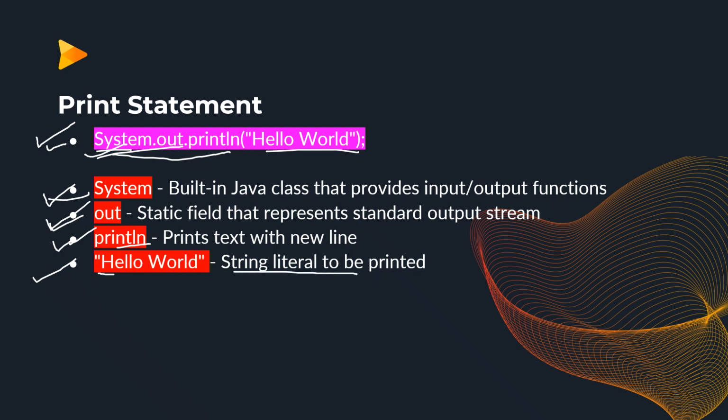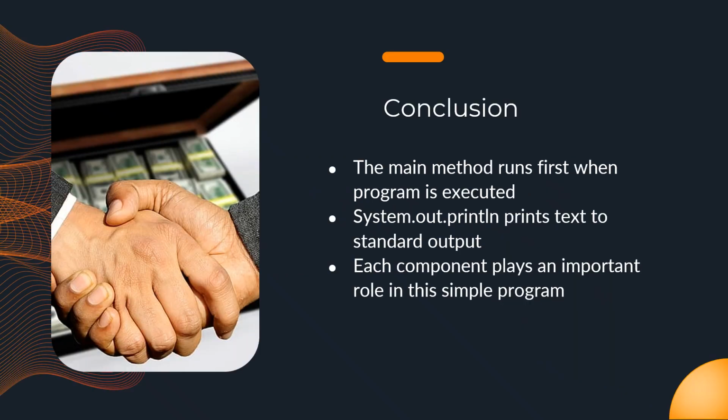Anything written between double quotes is known as a string, and it will be printed on our output page. So now we have to conclude our video. We have understood the basic things of our program, we have understood the skeleton of our program, and we have understood each and every part of our program.